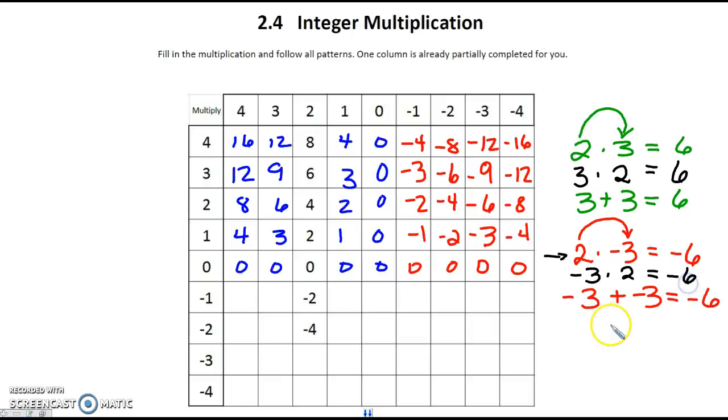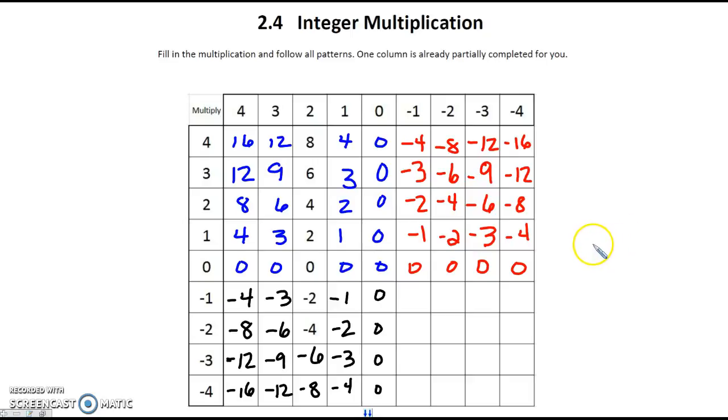Yeah, it doesn't matter what order you multiply in, you still get the same answer. So here, a negative 3 times a positive 2 gives me negative 6. All right, so this section down here should come up with the same answers as this section up here. So go ahead and fill out this lower left-hand section. Pause the video and fill it out.